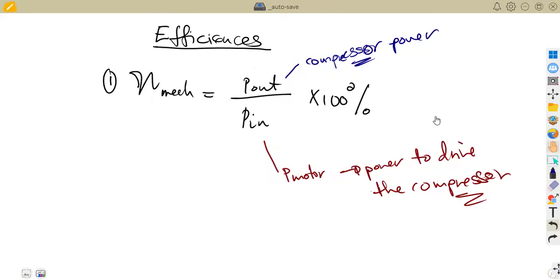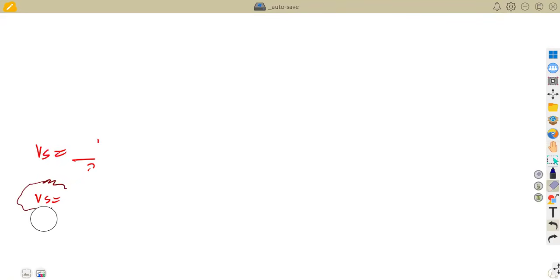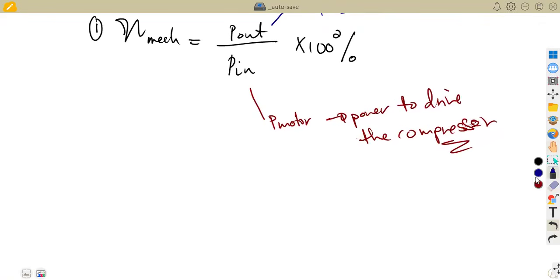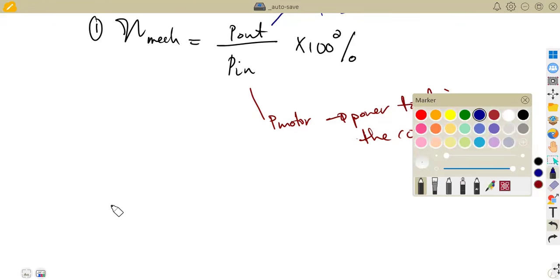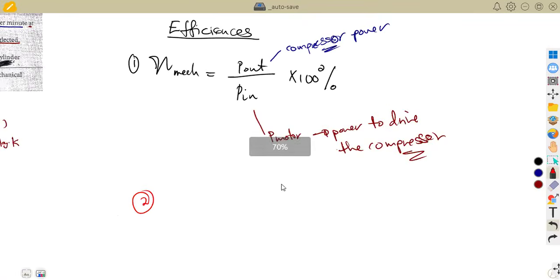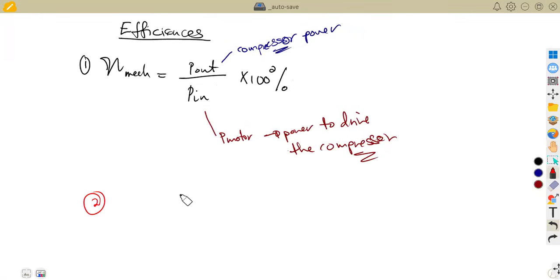So then we talk about the P in. Then we also talk about the other efficiency that they will ask you in your syllabus, which is the volumetric efficiency. I'm going to give you more emphasis on that as we do question papers.